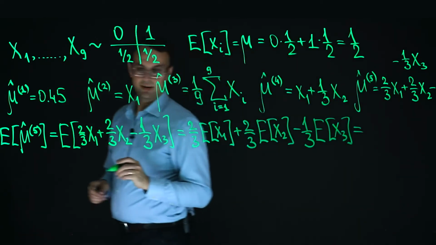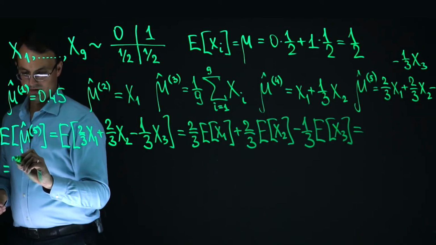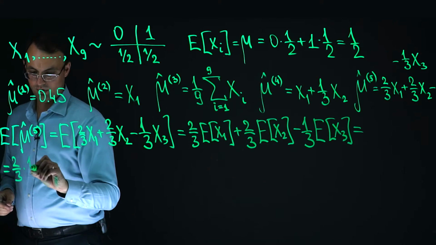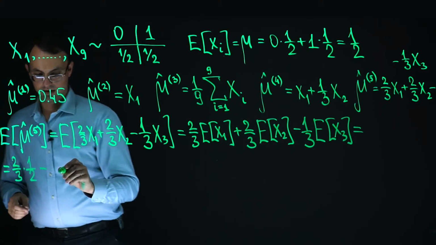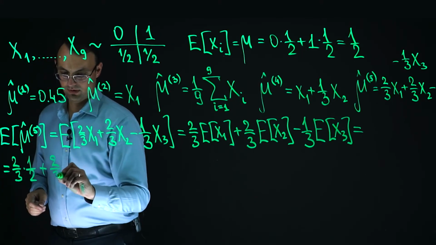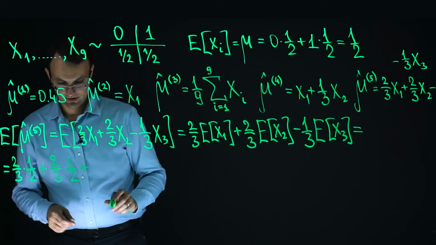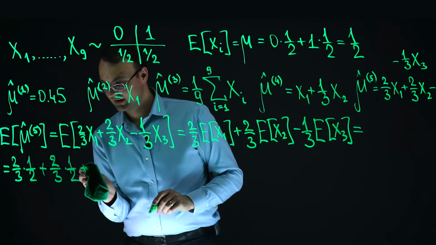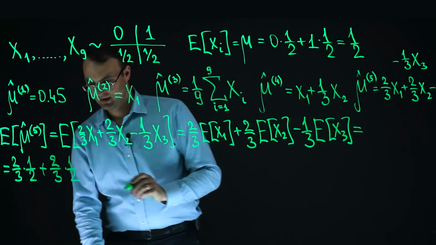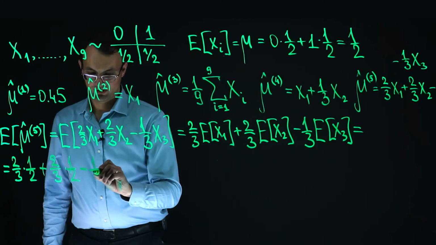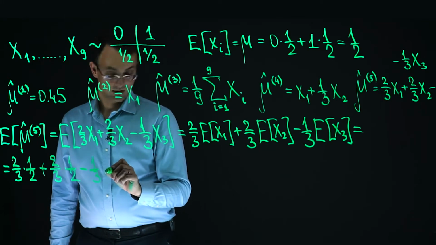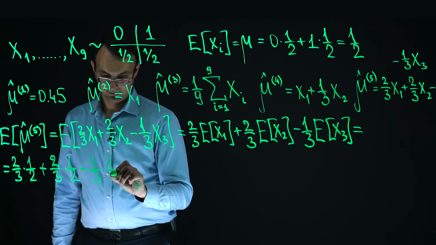So this is 2/3 times 1/2 plus 2/3 times 1/2 minus 1/3 times 1/2.